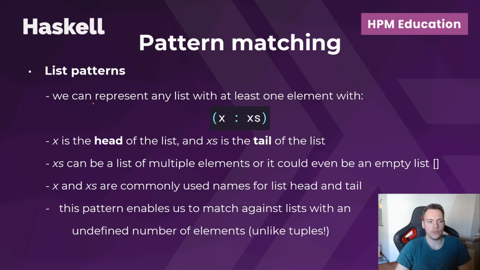Now we're at a point where we can introduce this general pattern, x cons xs, which is very commonly used in Haskell for lists. And this pattern can represent any list with at least one element. So x will be that one element, or the first element of the list, and xs will be everything else in the list. This is what the pattern means.